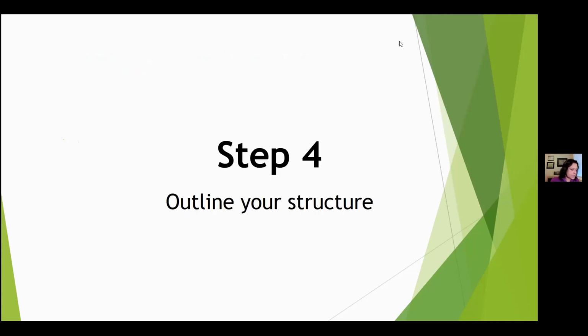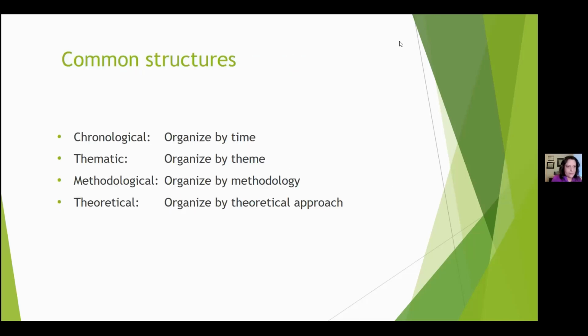All right, so let's talk about outlining your structure. So common structures are chronological, thematic, methodological, and theoretical. And you can have a little bit of each in your literature review.